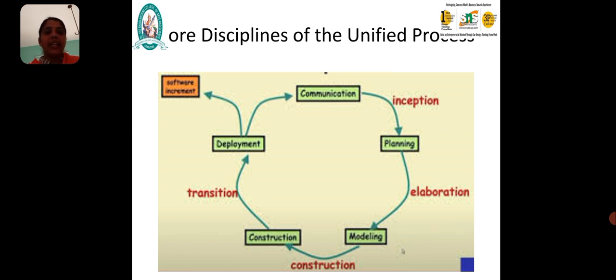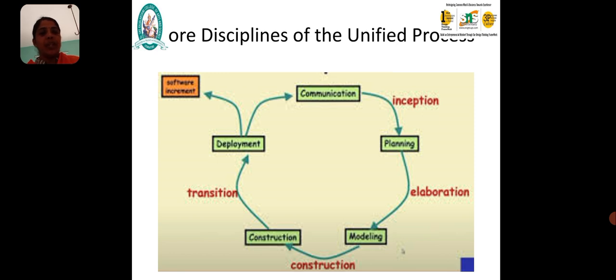After that, planning and modeling. There should be clear-cut planning, and elaboration of data between the modeling and the planning. That is, data should be in an elaborative manner. After that, modeling and construction between the customer and the developer should be there. After construction, there should be a deep transition from construction to deployment.